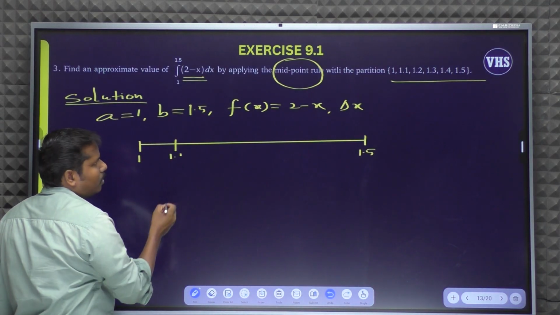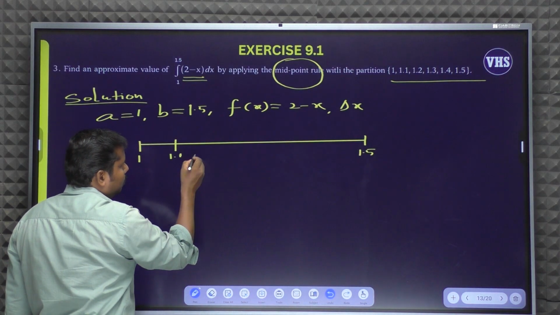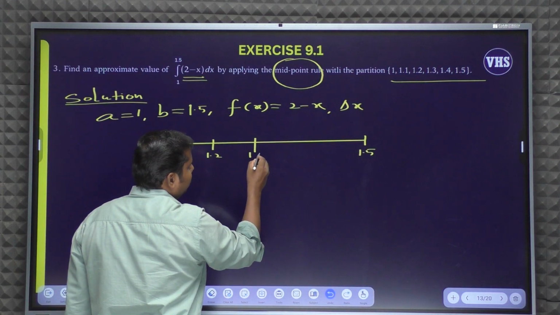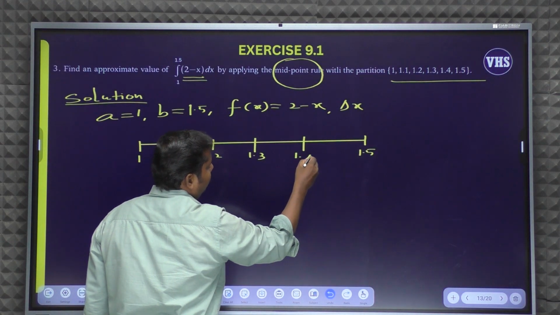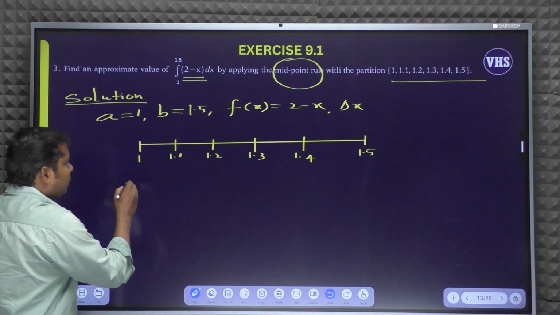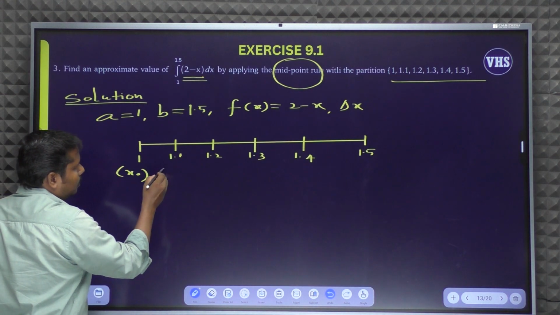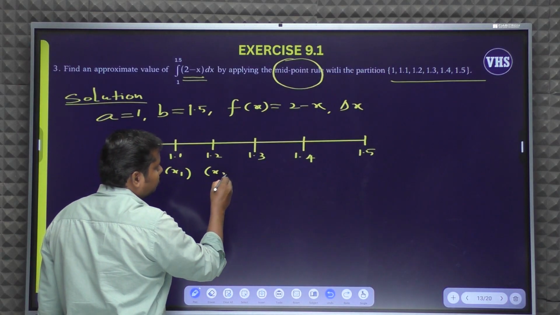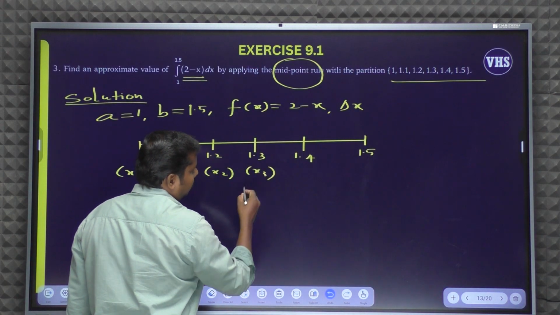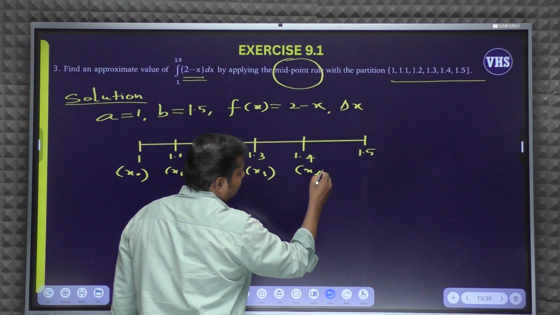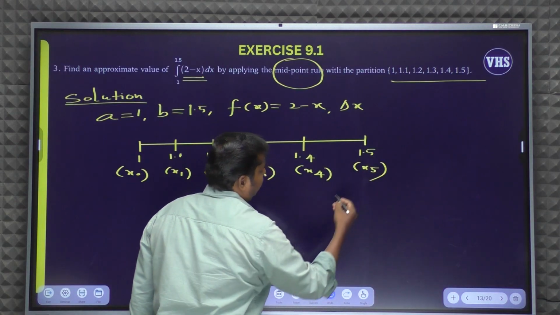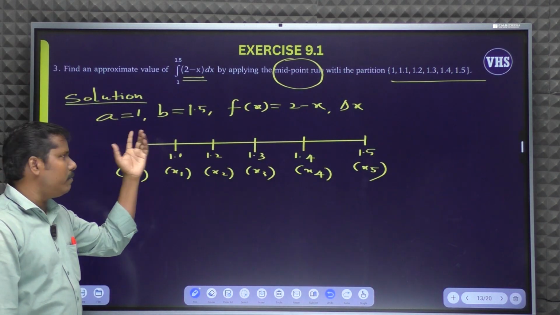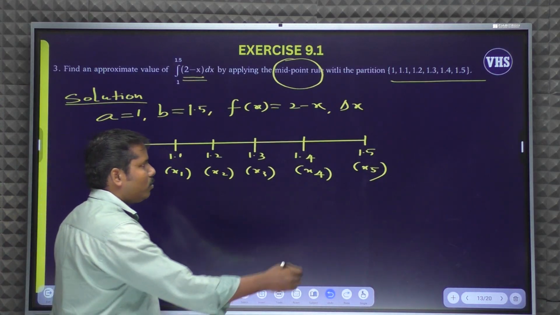First entry 1.1, next one 1.2, and next one 1.3, and finally you are getting 1.4. So first value is what? x0. This is x1. This is x2. This is x3. And this one is x4. Finally x5. And it is quite obvious that here also all the intervals having same width. It is nothing but 0.1 here.